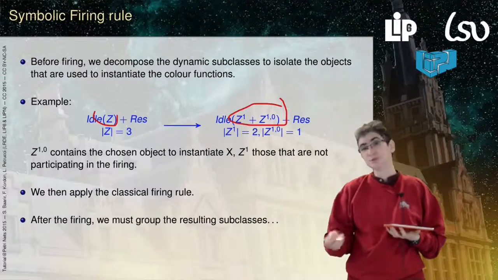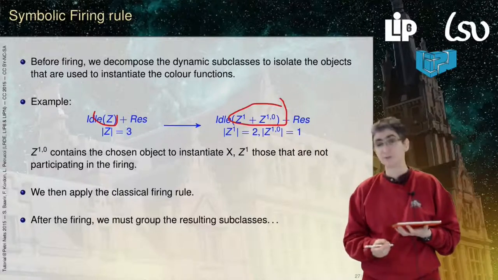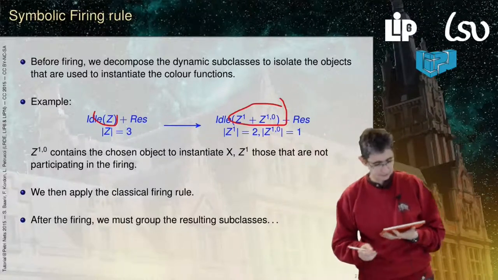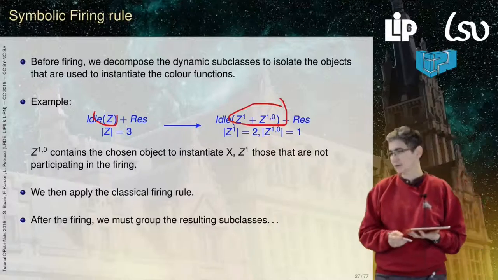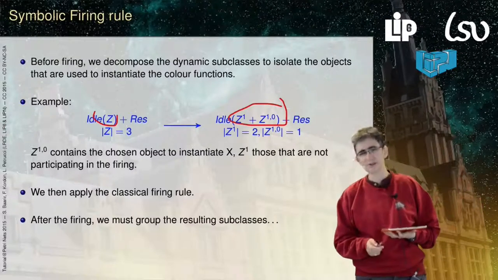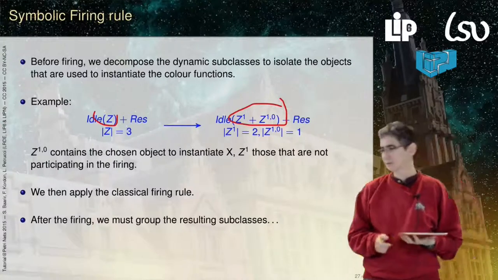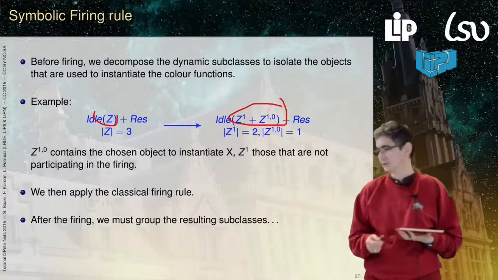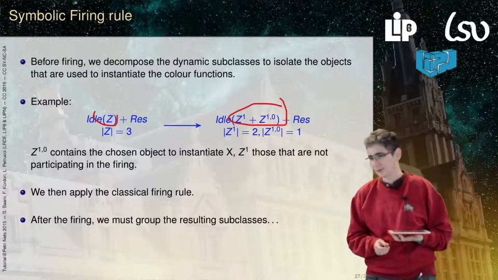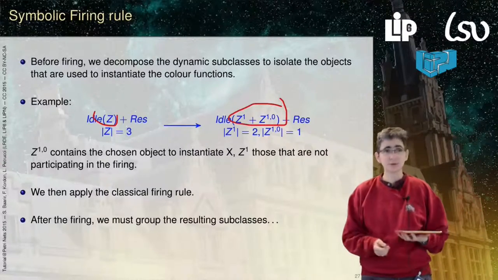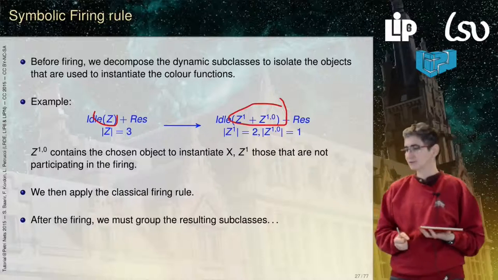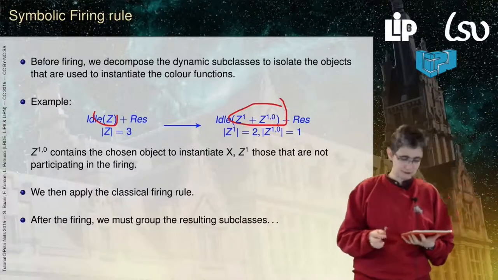And in this case, we use only one for the firing, so that is the one that is in Z10. So Z10 will contain the chosen object in order to instantiate the variable x, and Z1 will contain those that are not used for the firing. Then the classical firing rule is applied, and after the firing, we group the resulting subclasses.